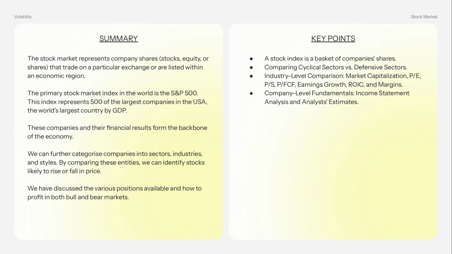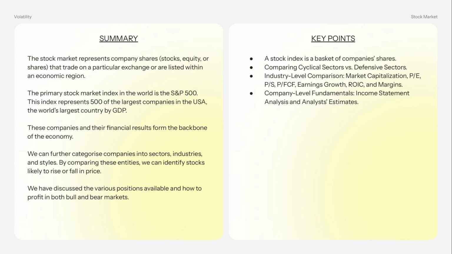Summary. The stock market represents company shares, stocks, equity, or shares, that trade on a particular exchange or are listed within an economic region. The primary stock market index in the world is the S&P 500.